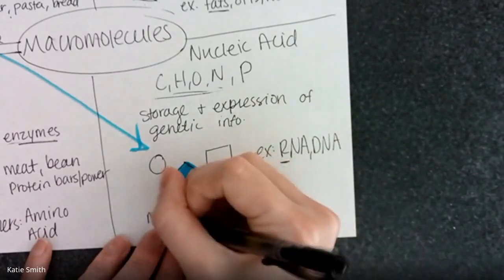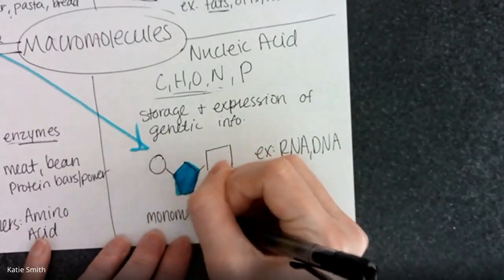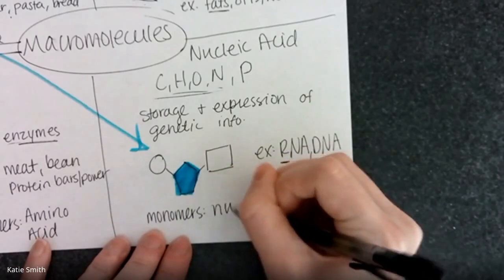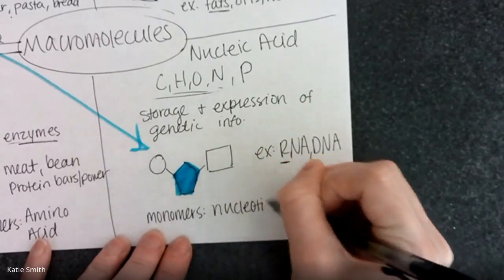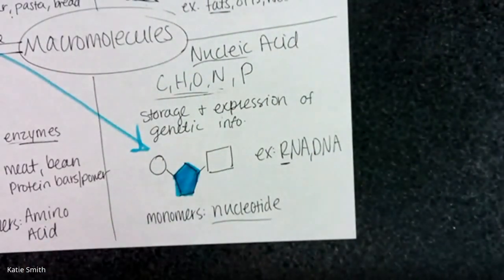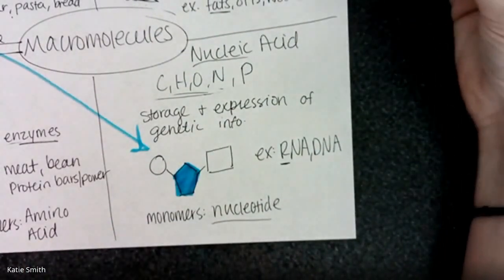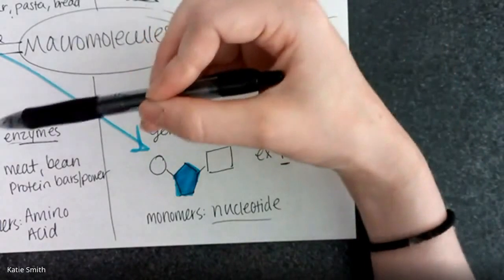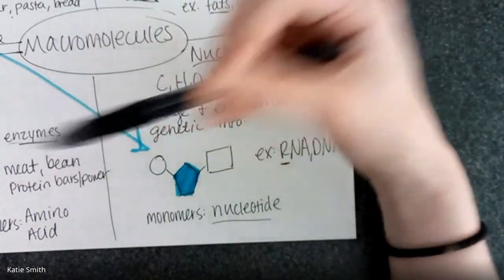And the monomers, what are they called? Good. Pretty straightforward. Nucleotide, nucleic acid. It's easy to remember. We'll talk more about carbs, lipids, and proteins because that's what we're going to be testing in our lab.